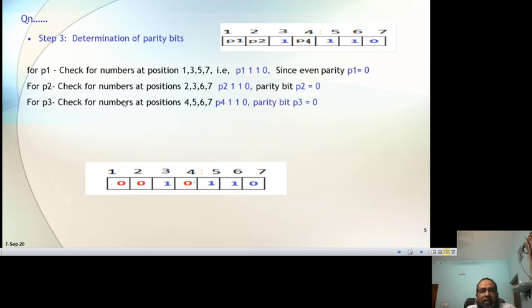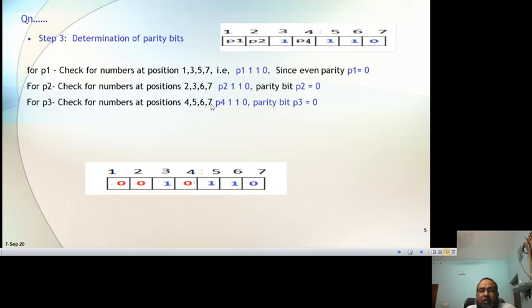You have to keep P2 as 0 in order to keep the even parity. Similarly, for P3, sorry, it is P4 actually. For P4 you have to select 4 including P4, then skip 4. Selecting 4 means positions 4, 5, 6, 7.